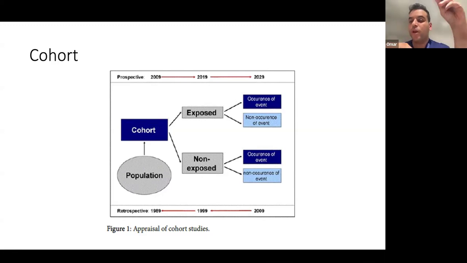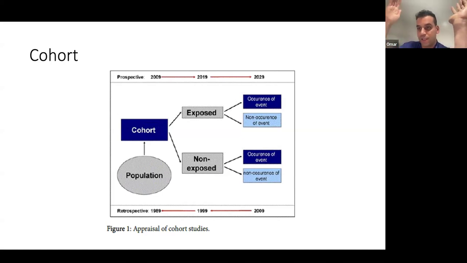My exposed group is the unicompartmental knee because that is the new intervention, and my non-exposed group is the total knee group. Another example: patients with hip osteoarthritis and healthy patients. Patients with hip osteoarthritis are my exposed group.